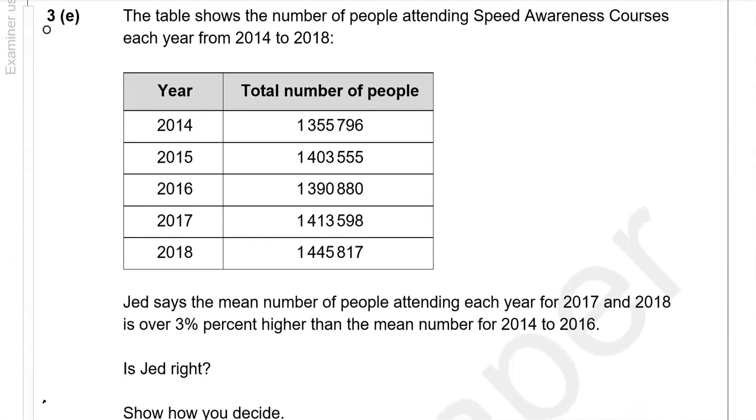The table shows the number of people attending speed awareness courses each year from 2014 to 2018. Jed says the mean number of people attending each year for 2017 and 2018 is over 3% higher than the mean number of 2014 to 2016.